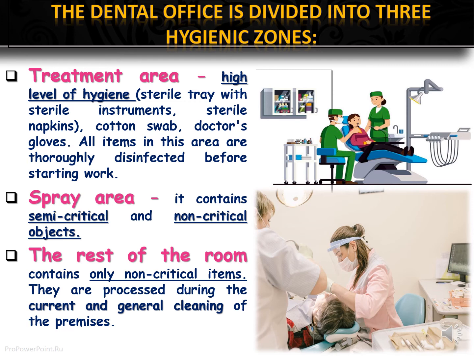When we describe the situation with dental offices, of course, you should remember that the dental office is divided into 3 hygienic zones. The first zone is the treatment area.